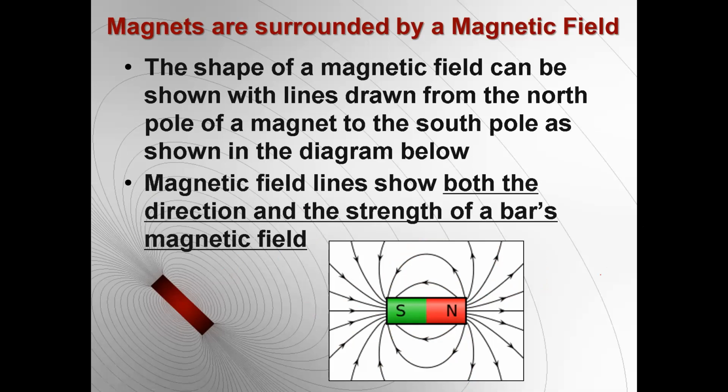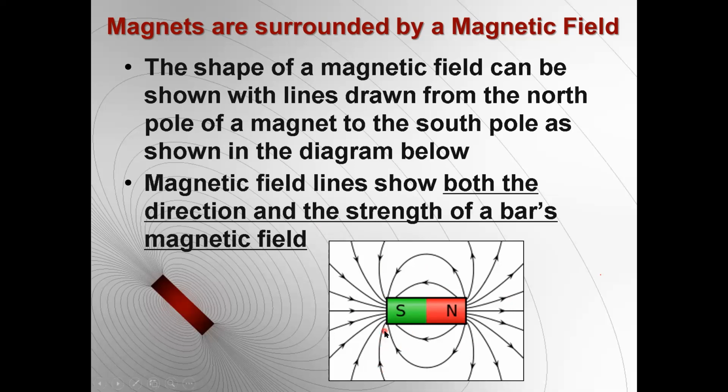Now, as you see, these lines here we call magnetic field lines. The magnetic field lines show me the direction of the magnetic field and the strength of it.